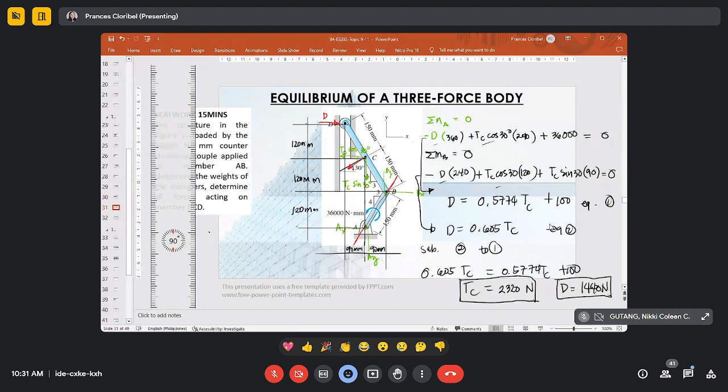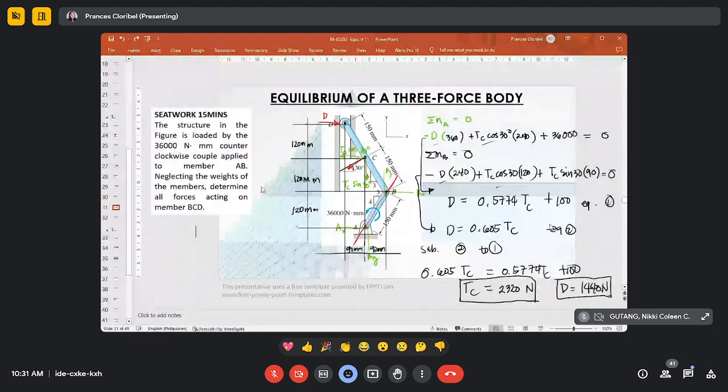Now, for your member BCD, since member AB is a two-force body, Bx is equal to Ax and By is equal to Ay.